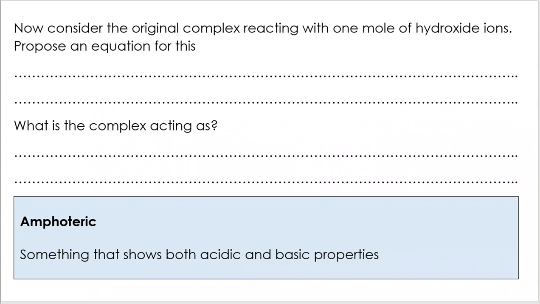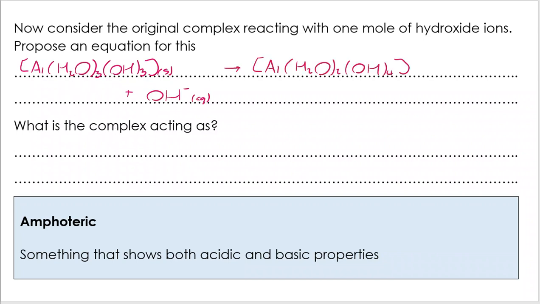Now let's think about what would happen if I took that complex and I added 1 more mole of hydroxide ions. Because although that doesn't commonly happen, it can happen in this specific circumstance. Well, you could end up with that OH minus taking an extra proton, taking us to Al(H2O)2(OH)4.